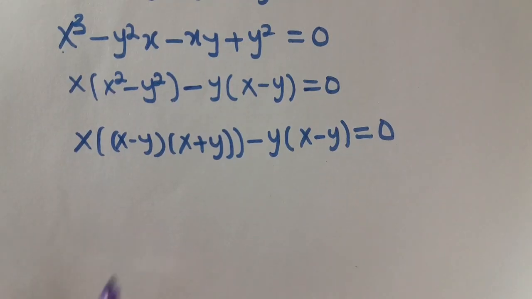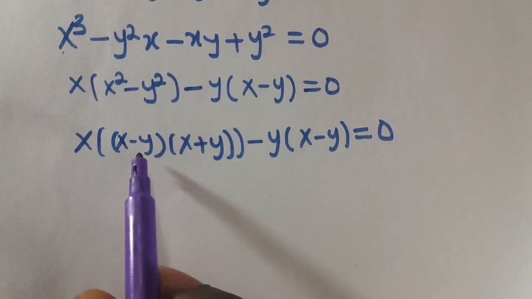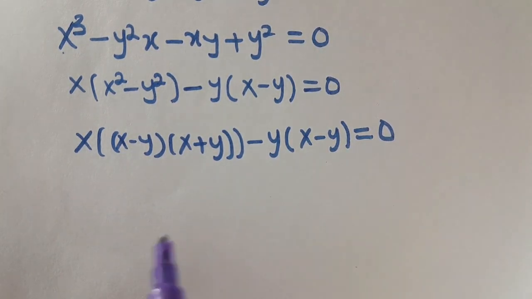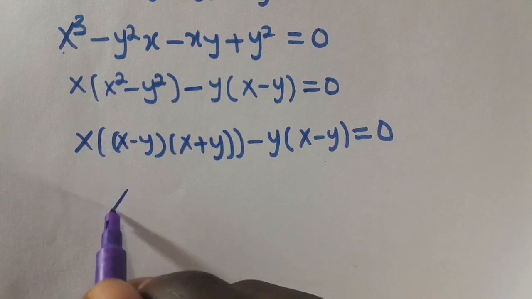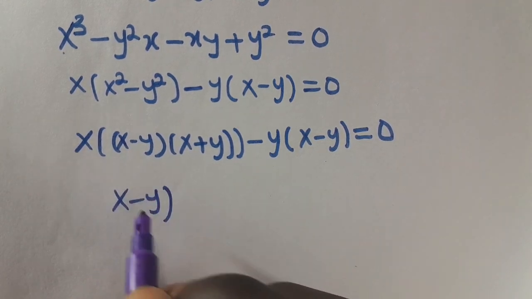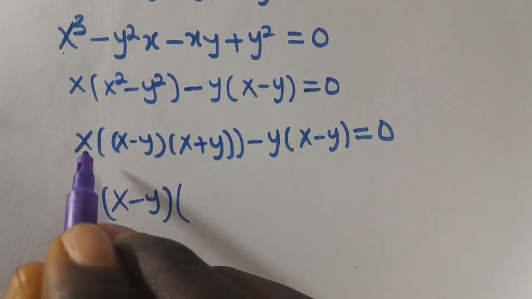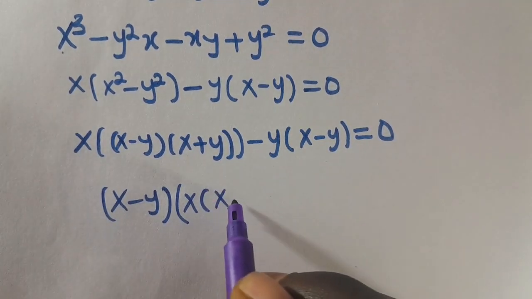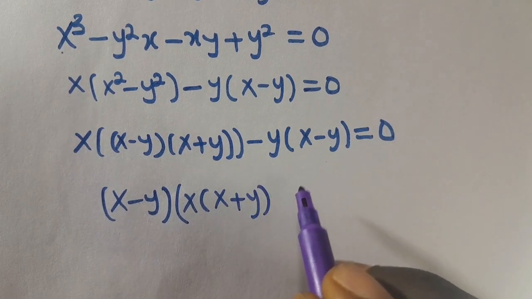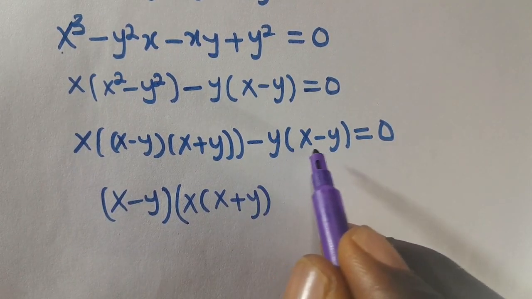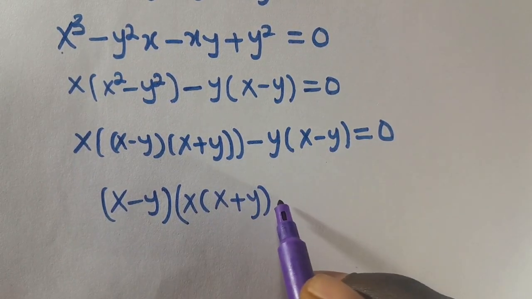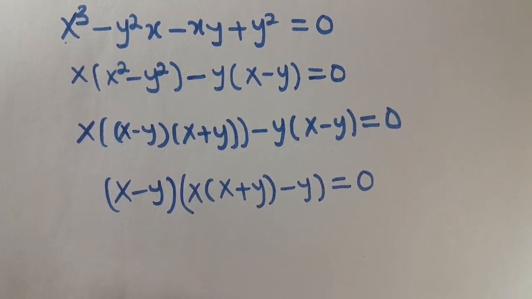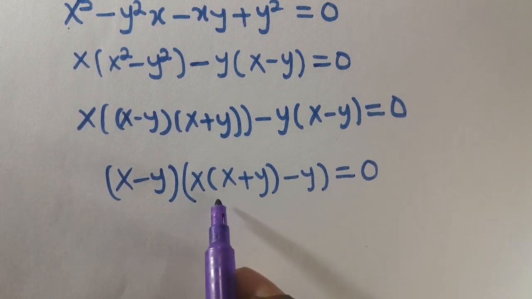So therefore from here guys, we have x minus y in common. So we can have here x minus y into, then we are going to have only x into (x plus y). Then we have factored this one out, so we are going to have minus y and everything will be equal to 0.